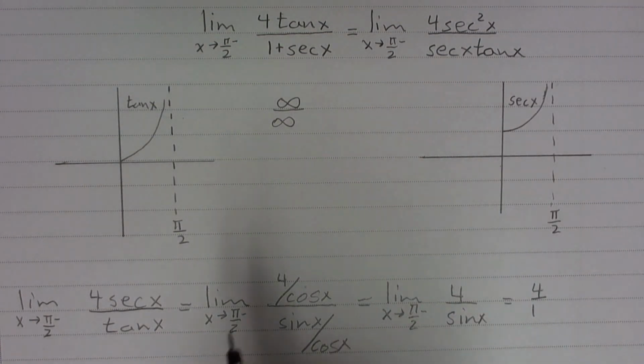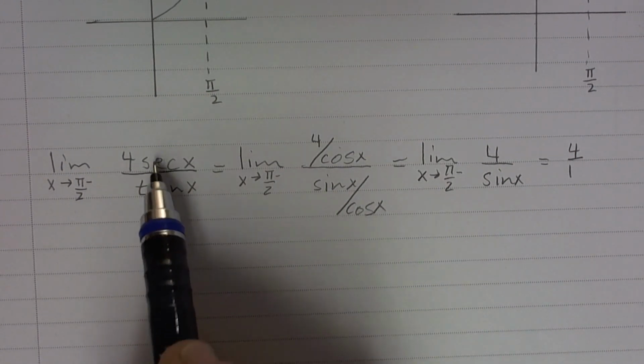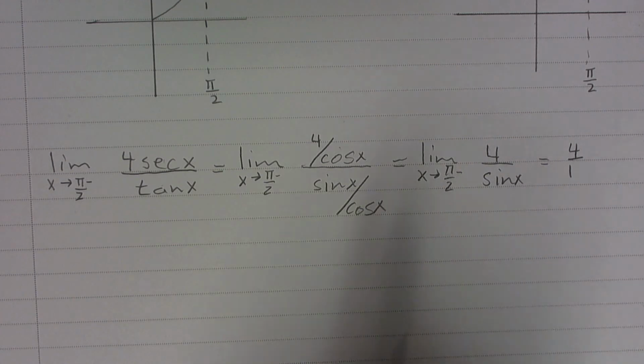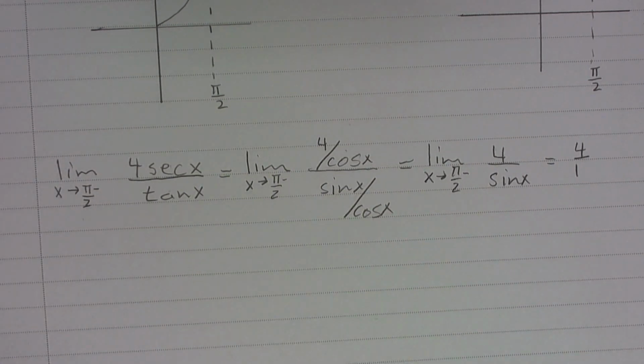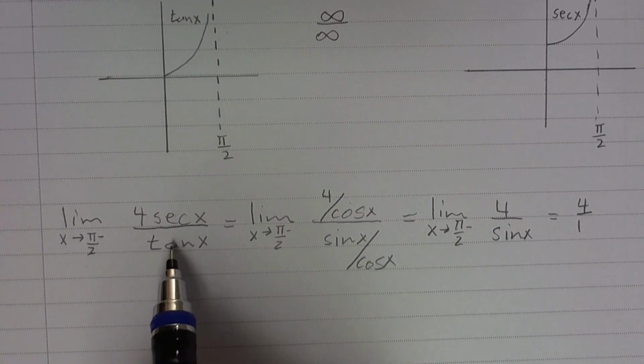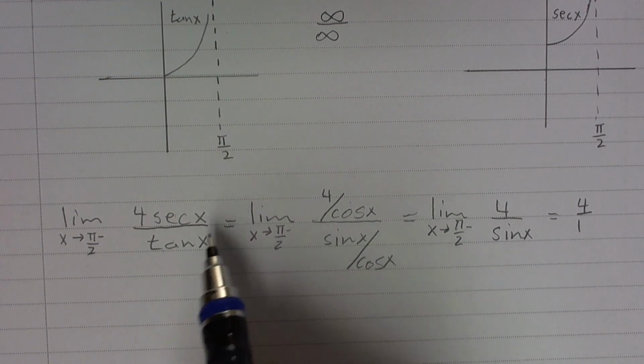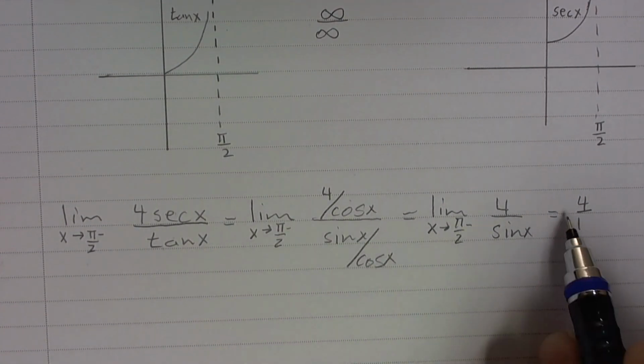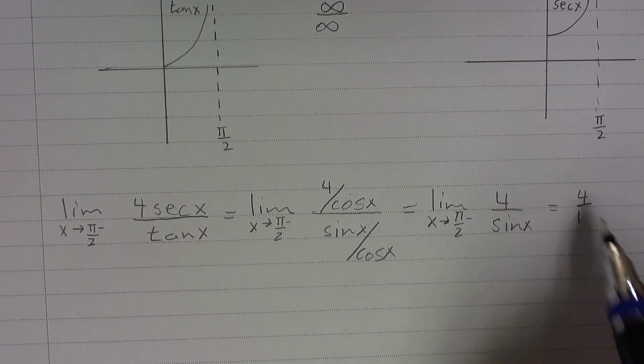But what we did was we used our trig identities to simplify it, and then we plugged in. That's what you have to be aware of when you're working with trig functions, because we could have used L'Hopital's rule again and said, okay, I still get infinity over infinity, let me differentiate again. And we could be doing this all day. But using these trig identities helps us to get to where we want to be.